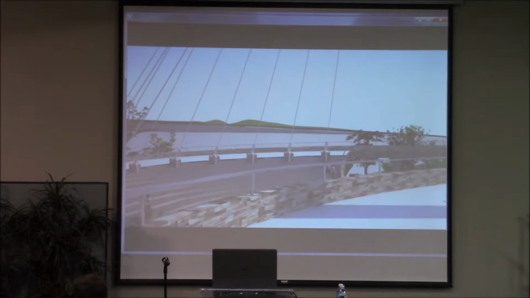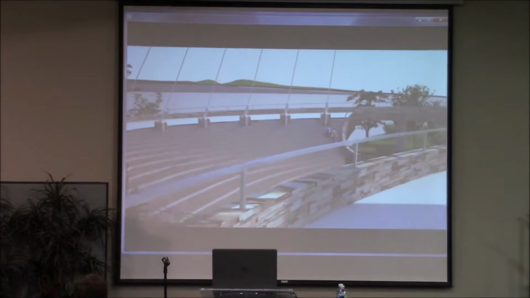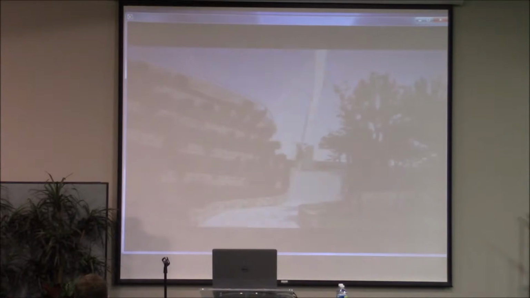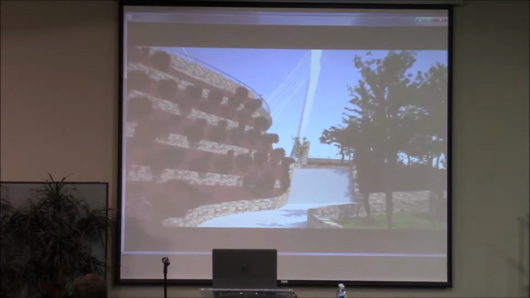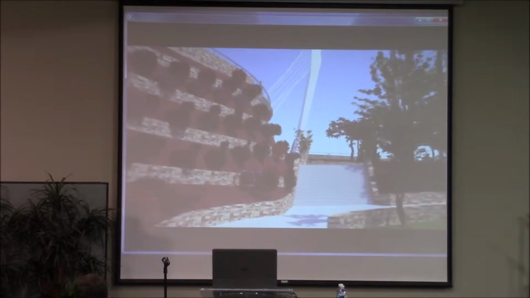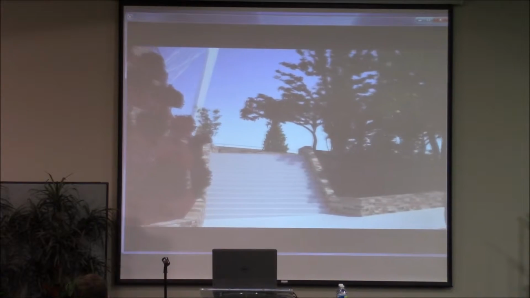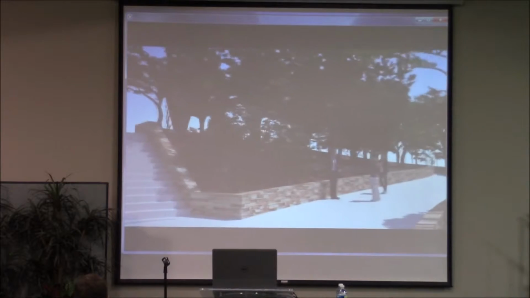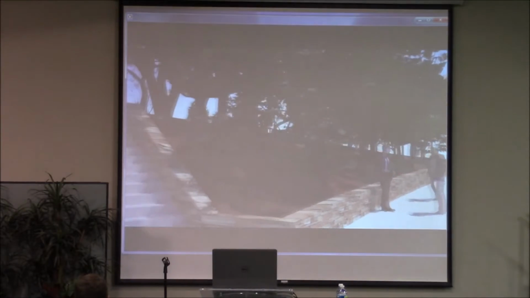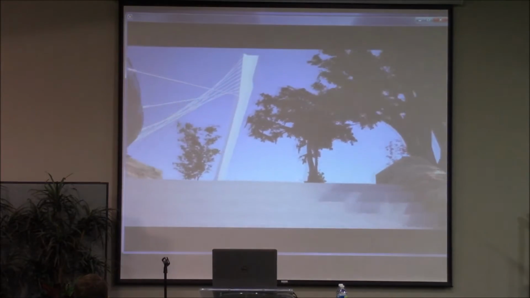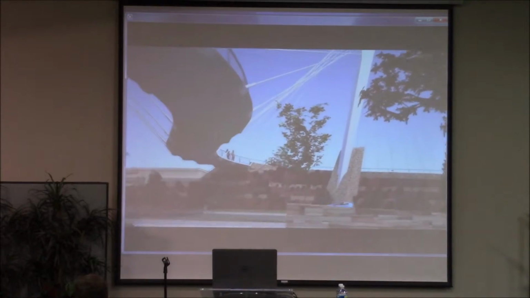And back around to that same ramp, just looking over the edge at the plaza area. And these are the stairs on the Forum side, so you'll have an opportunity to take a ramp with bicycles, strollers, handicap accessibility, or take the stairs directly up to the bridge deck.